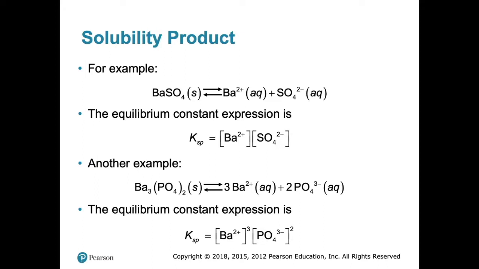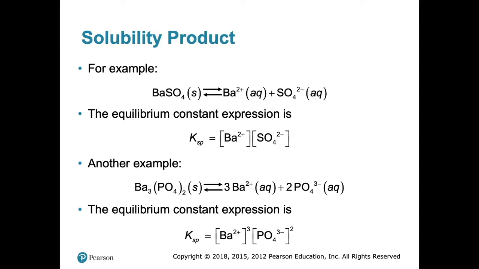And so, for example, now we have something like barium phosphate. For barium phosphate, you need 3 bariums for every 2 phosphates. So when they separate out, the subscripts become the coefficients. So you have 3 moles of barium and 2 moles of phosphate, right?